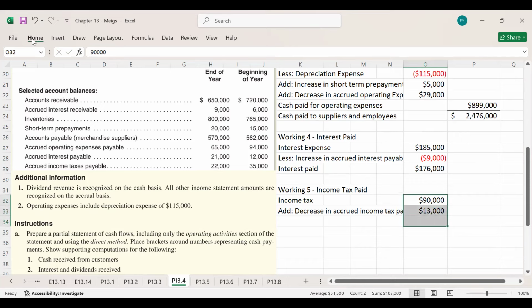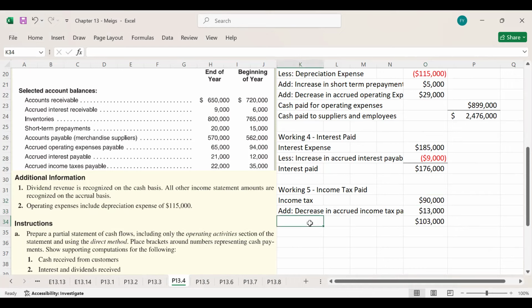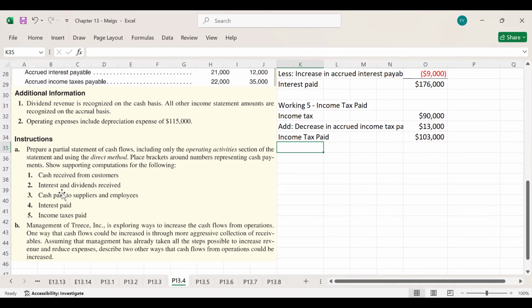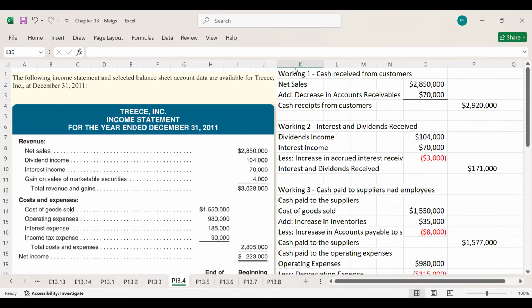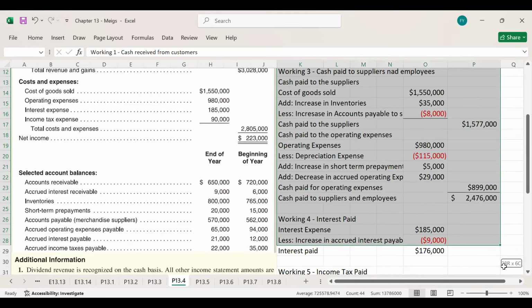So the total is 103, which is total income tax paid. So these are the workings that were required, and then prepare a partial cash flow statement indicating operating activities under the direct method. So we are shifting these calculations.